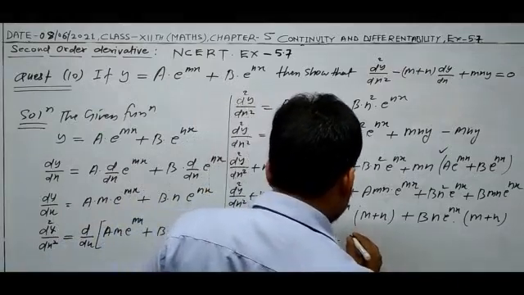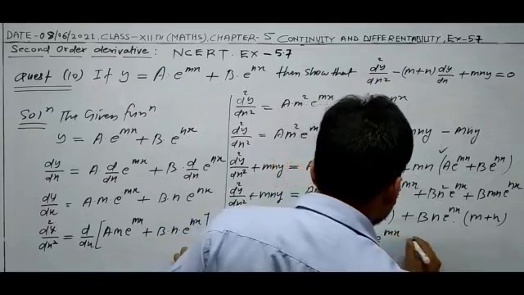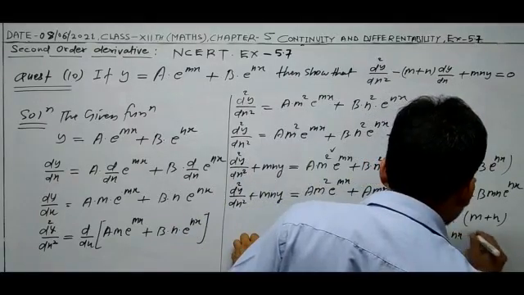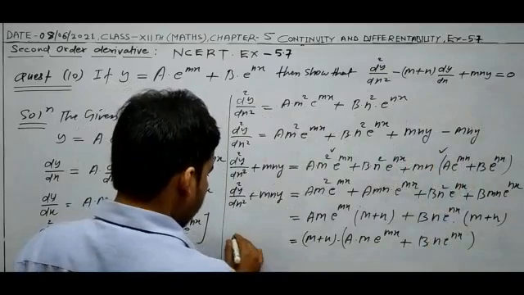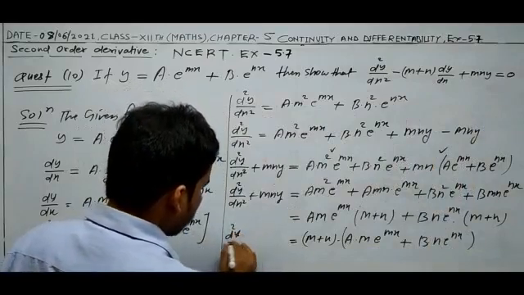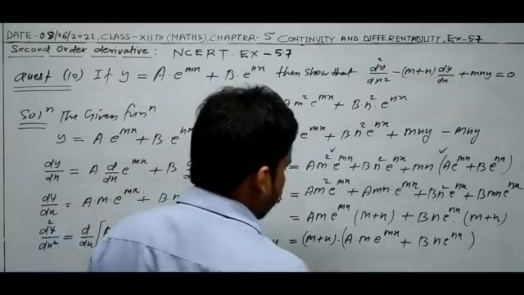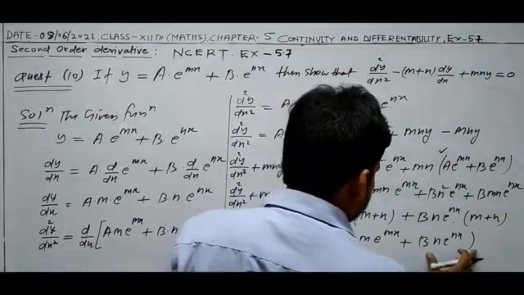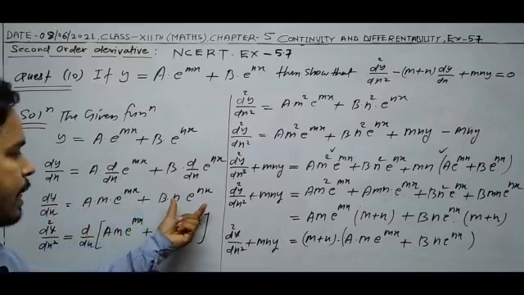we get m plus n into a times m e to the power mx plus b times n e to the power nx. This is the value of d2y by dx2 plus mny, and you know this value is dy by dx, a m e to the power mx plus b n e to the power nx.